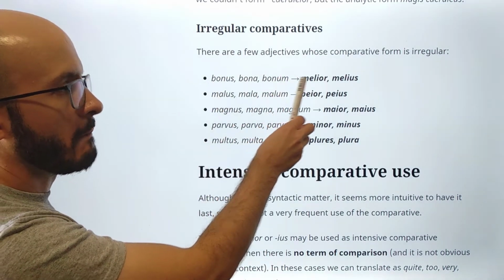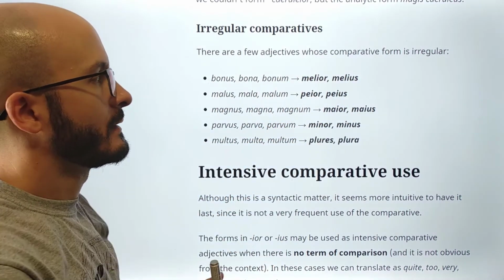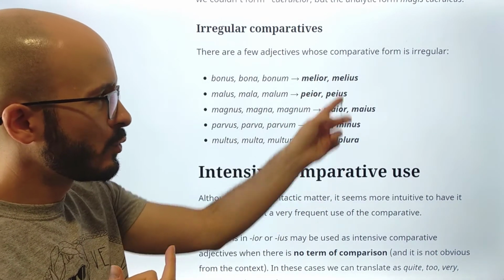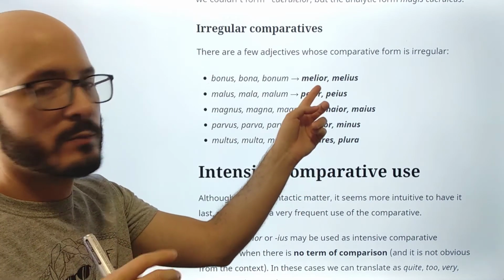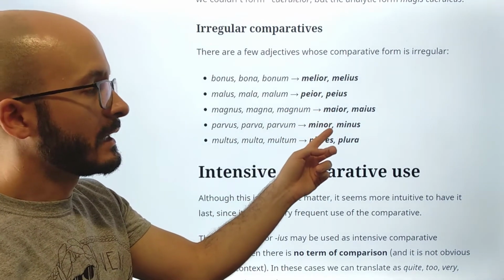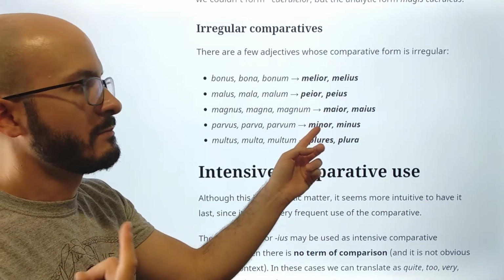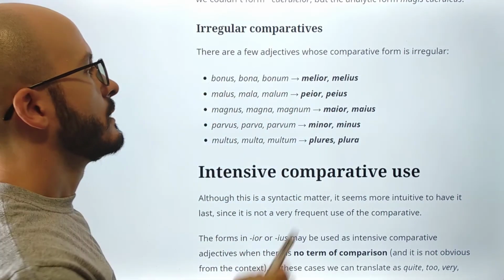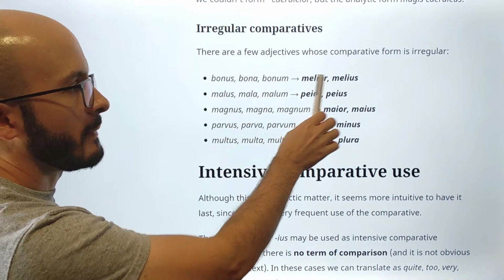Bonus, bona, bonum, melior, melius. And actually you see, you might know these words from Spanish, French, Italian, even in English, no? So minor, major, etc. So bonus, bona, bonum, melior, melius.